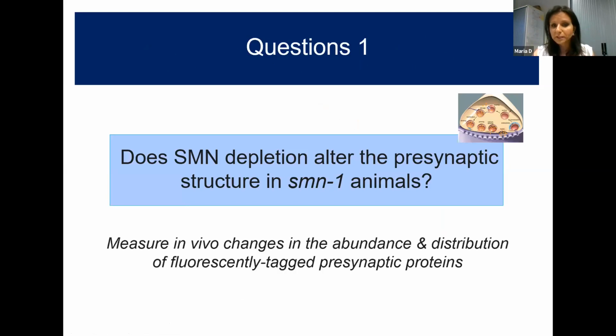And this is exactly what we did, but we don't have to go through in detail how we've done this. We measured basically the abundance and distribution of these proteins, because we're able to tag them with a GFP protein fluorescent tag that I was telling you before.